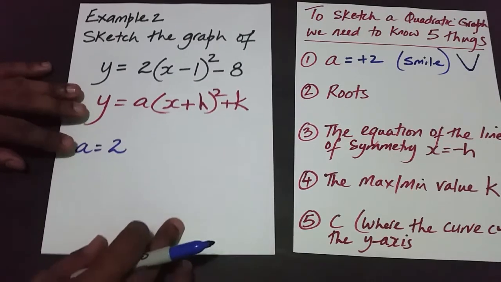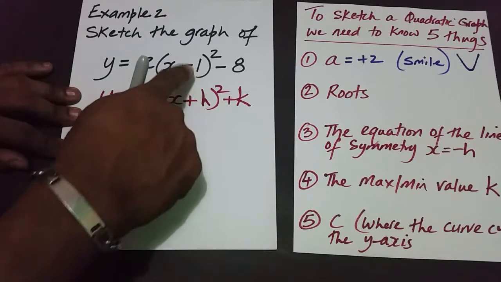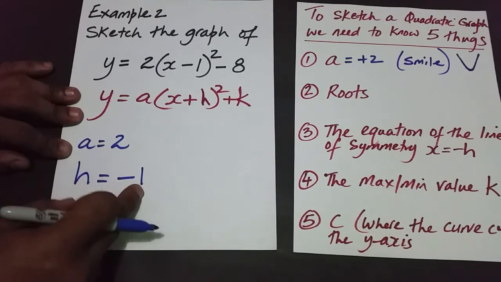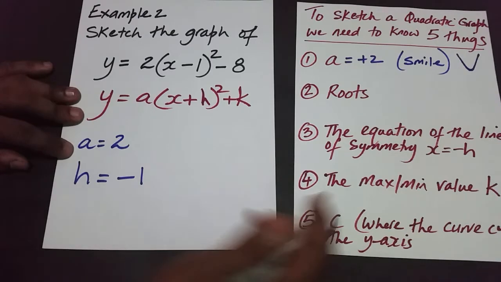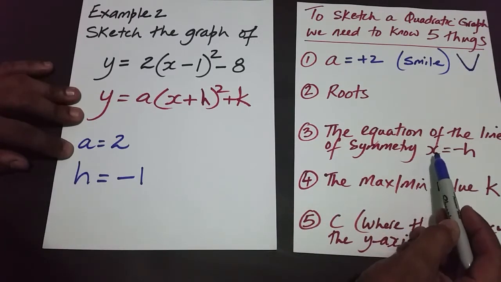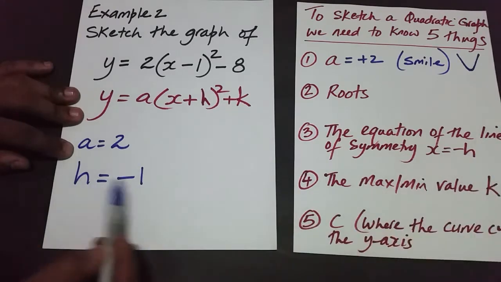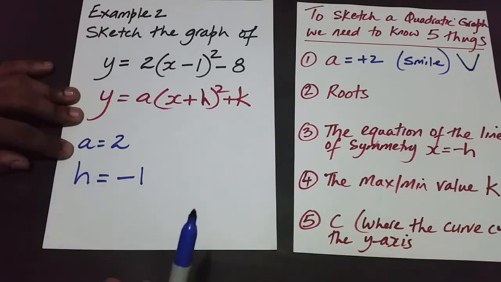We also know the value of h. Here h is actually -1. So we have h, and if we have h, we can figure out what the equation of the line of symmetry is. Now remember, the general form is x equals the negative of h. But the value of h here is -1. So what is the negative of -1?